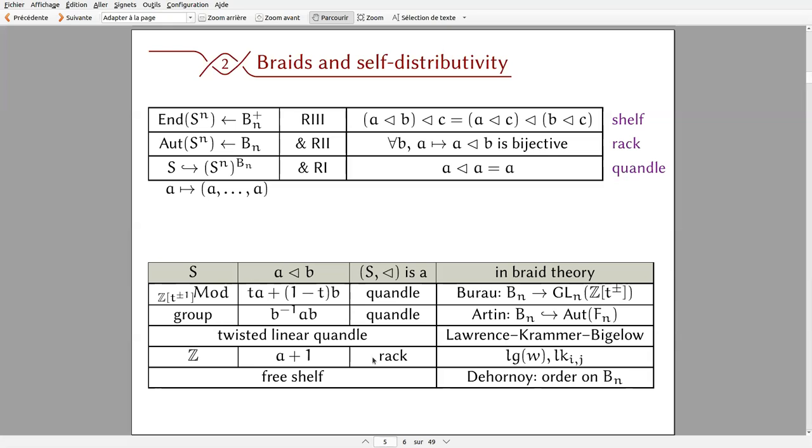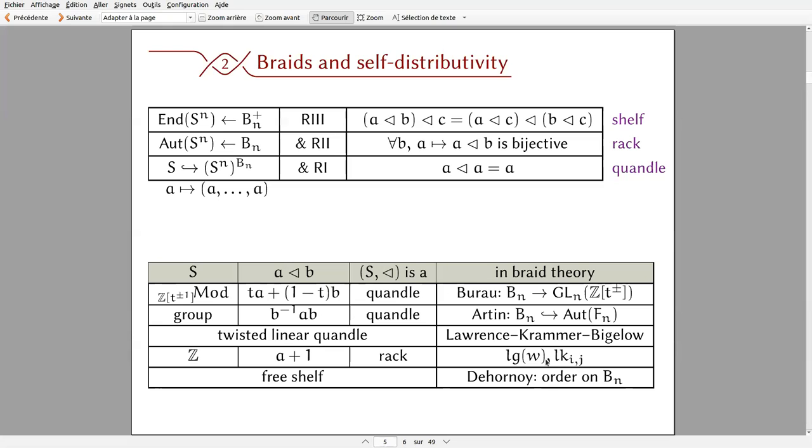But even if you start with very simple objects, like you take all the integers, and as the operation you take a times b equal a plus 1, you'll get a rack, which is actually the free rack on one generator. And from it, you also extract some very simple but still non-trivial topological information, which is the length of the words in your braid group.